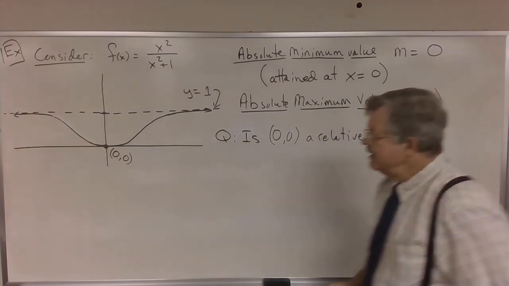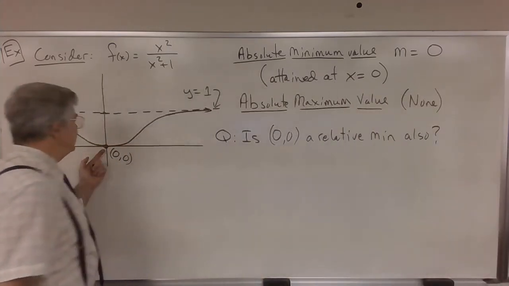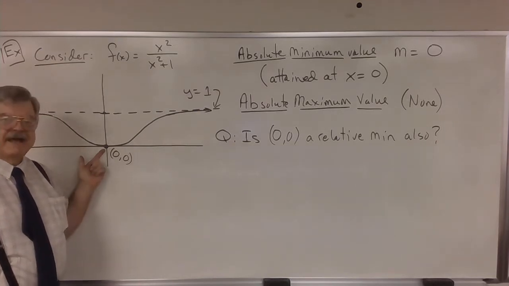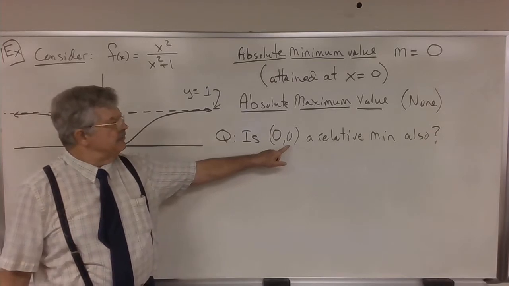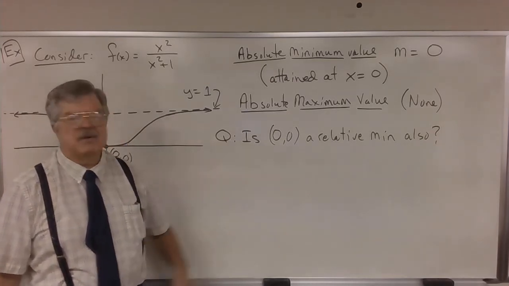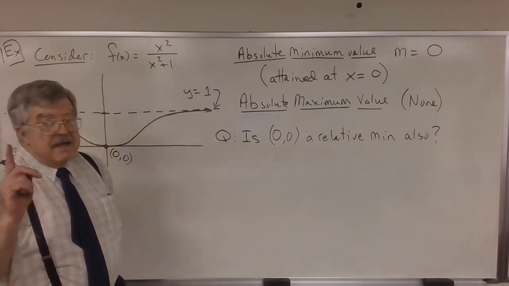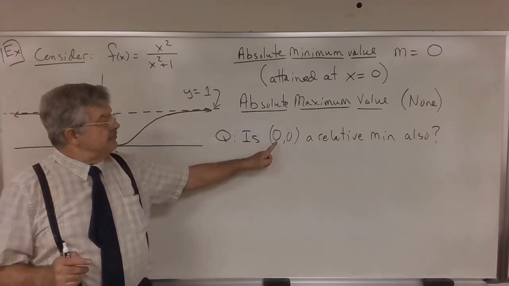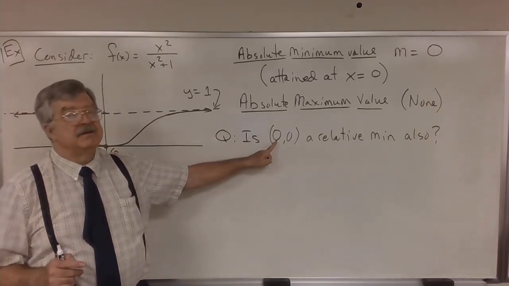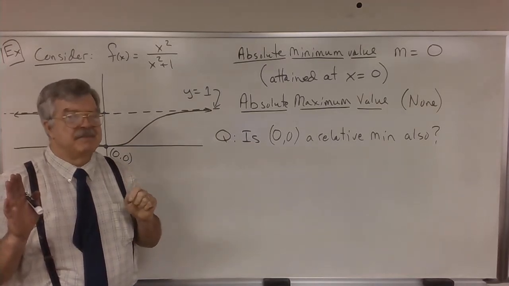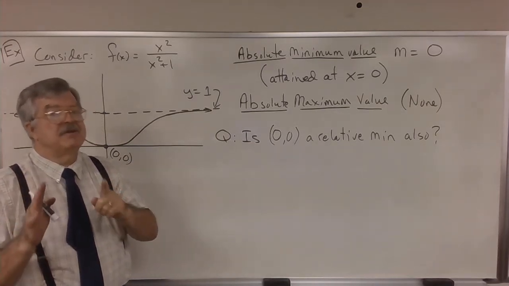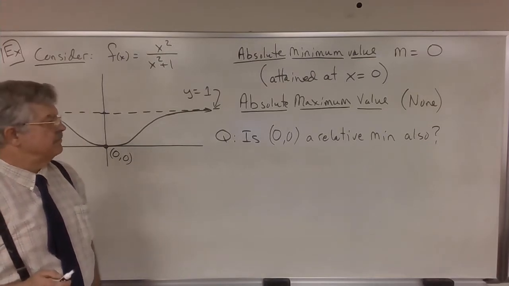In other words, not only does f of x attain the absolute minimum value here at the point 0, 0, we want to know, is the point 0, 0 a relative minimum also? If it is, that means that x equals 0 would have to be a critical number, because we know that we don't get relative maxes or mins unless we have a critical number at that point.